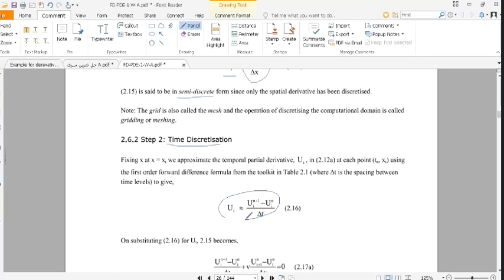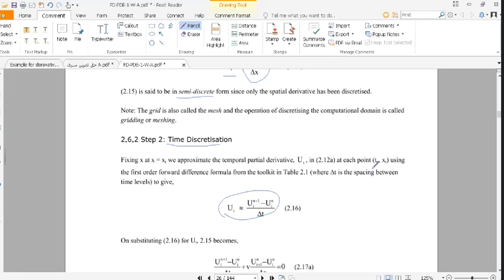Is it a forward or backward finite difference for u with respect to t? Okay, it is the forward finite difference approximation, because the index of the same point is i and n.